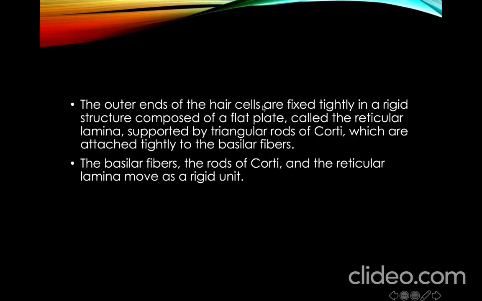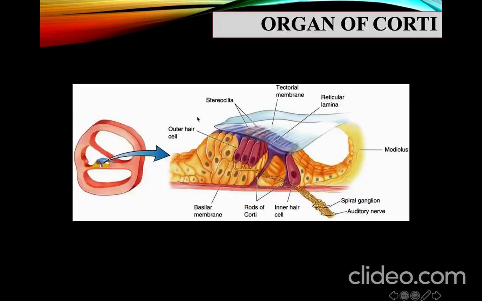The outer ends of the hair cell are fixed tightly in a rigid structure composed of a flat plate called the reticular lamina, supported by triangular rods of Corti which are attached tightly to the basilar fiber. Now these basilar fibers, rods of Corti and the reticular lamina move as a rigid unit.